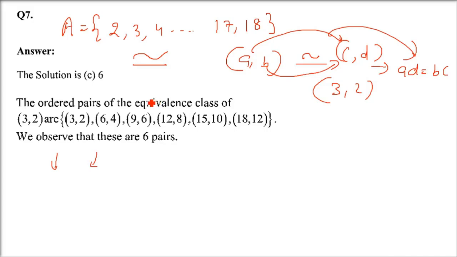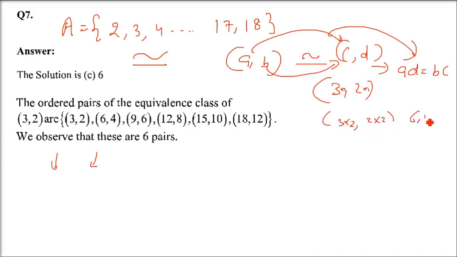That is very time taking and cumbersome. The best way is to take these two, (3, 2), and multiply with natural numbers. 3 into 1, 2 into 1 gives (3, 2).